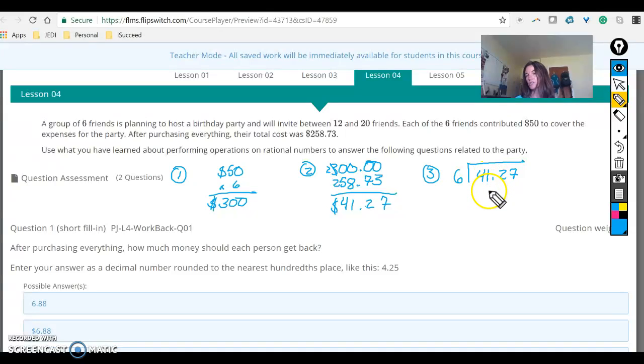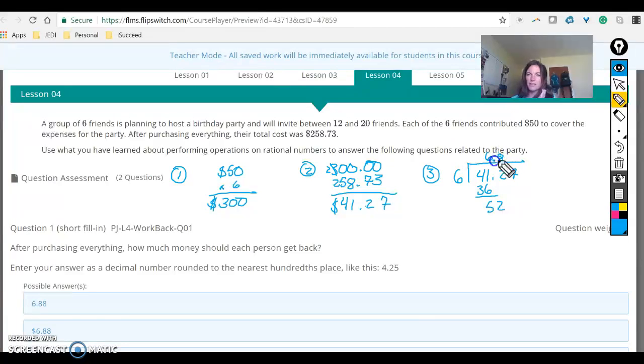It goes into 42 7 times. So I'm going to say that this is 6. Okay. 6 times 6 is 36. Okay. 41 minus 36 is 5. I'm going to bring my 2 down. 6 goes into 52 8 times.